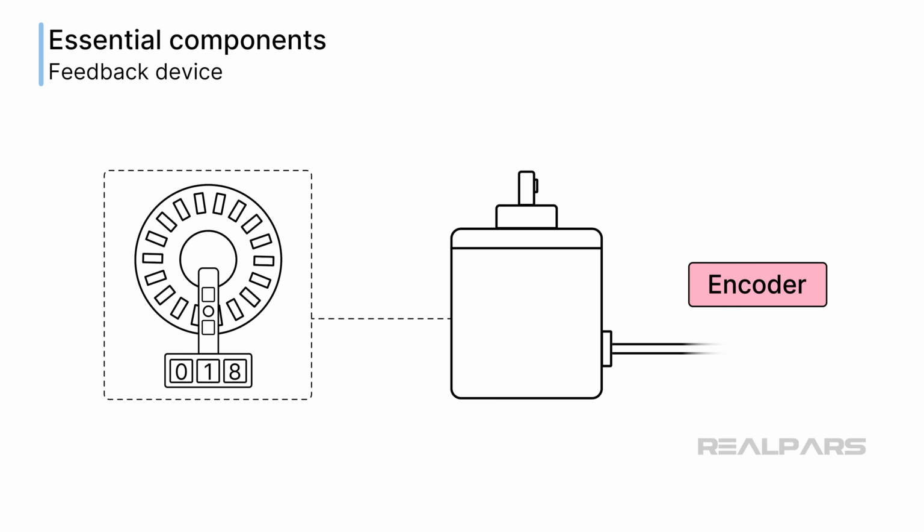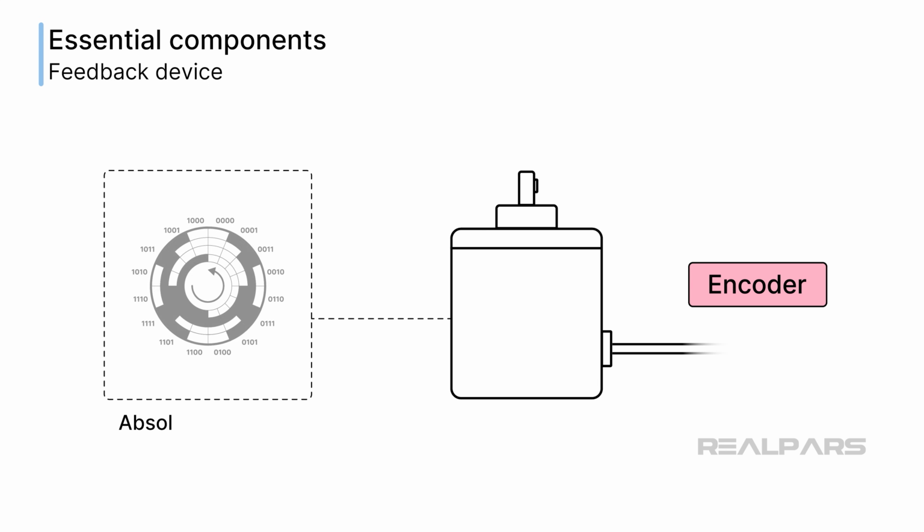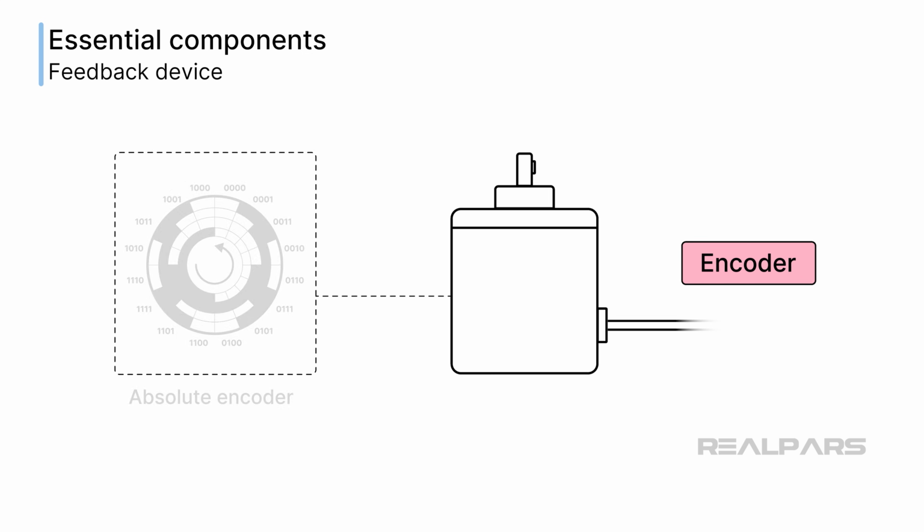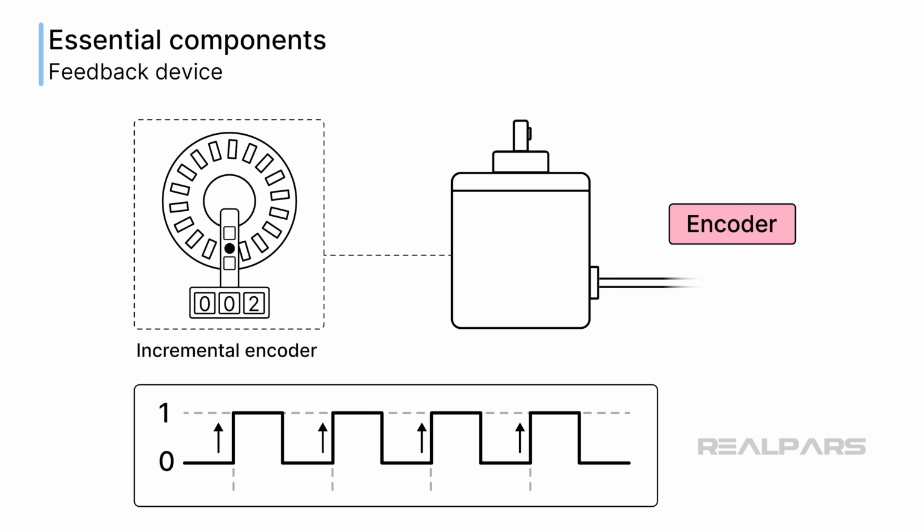Encoders provide real-time position data of a motor or moving part in a machine. In an incremental encoder, the position is tracked by counting the number of pulses from a reference point. In an absolute encoder, the exact position is always known without needing a reference point. Encoders are also used to determine speed by measuring the frequency of the pulses generated by an incremental encoder.